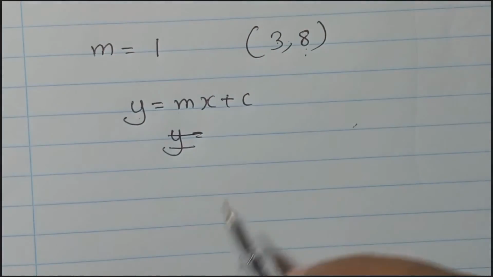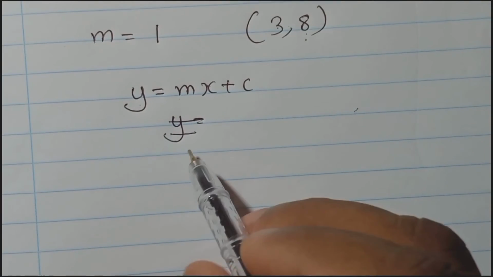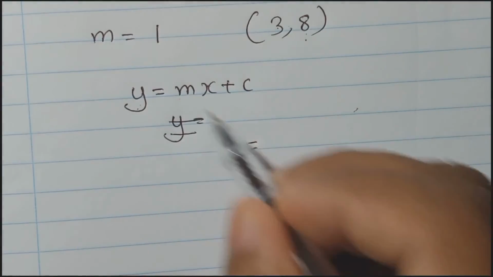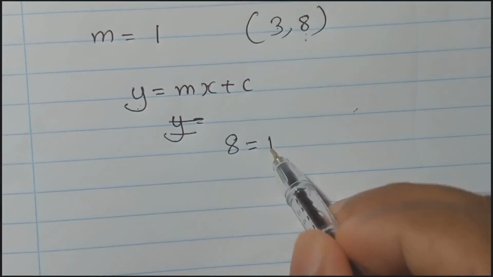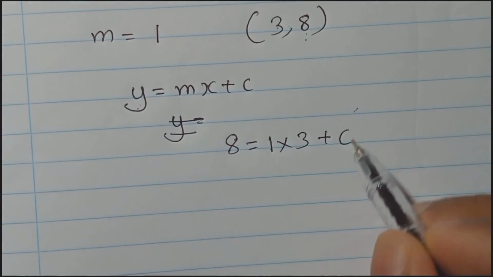Then we can find c. It's like substituting values into an equation. So here y is 8, equal to m is 1, times x is 3, plus c. Now we need to find c.